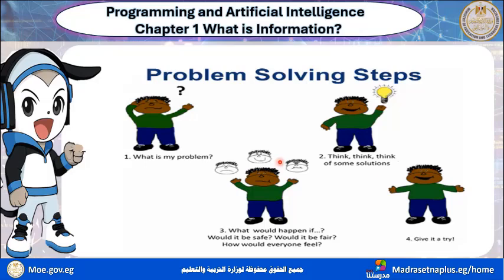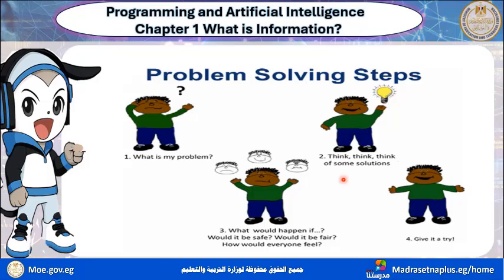Because after that, you need to know, well, what would happen if solution number 1 doesn't work with me? Would it be safe? Would it be fair? How would everyone feel? If it works with you, then perfect. Take solution number 1. If solution number 1 doesn't work with you, then move to the other solution.